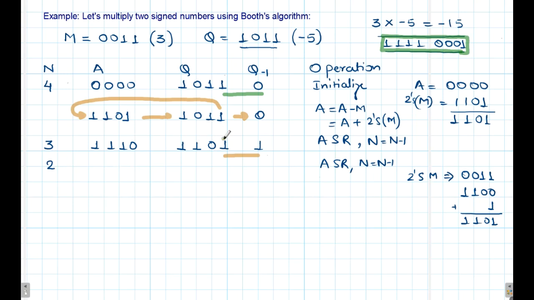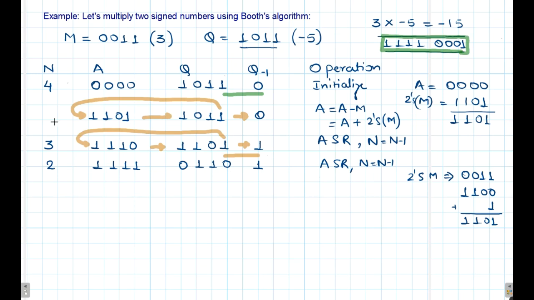Again we are going to shift, so this operation needs to be performed. It will result in 1 1 1 1, and this 0 is shifted. So it means 0 1 1 0, and this one is shifted over here. So it results in 0 1. Now this completes our iteration.